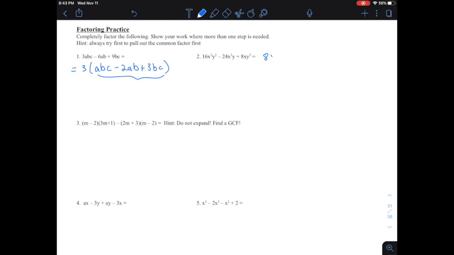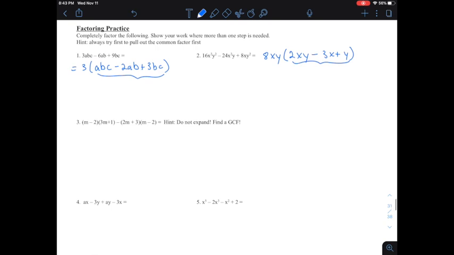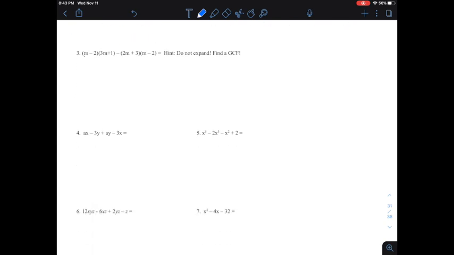My GCF here is going to be 8xy, and I cannot factor that any further. For 3, I'm going to notice that there's a GCF of m minus 2 in both of these. And then I'm going to simplify this bracket.